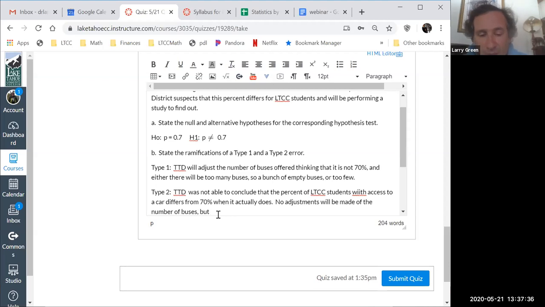But either there are fewer than 70%, in which case that means that we're not going to make adjustments, but students really need it. Students will be left out.